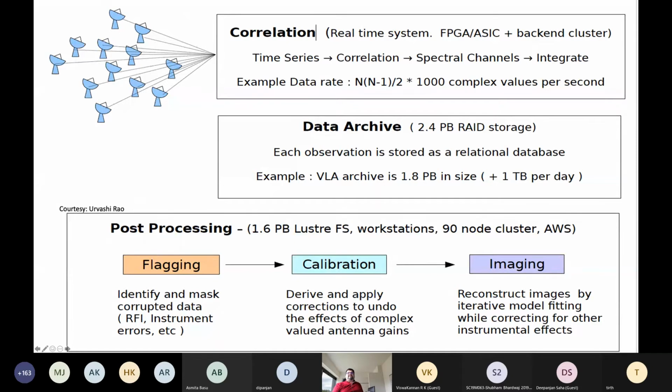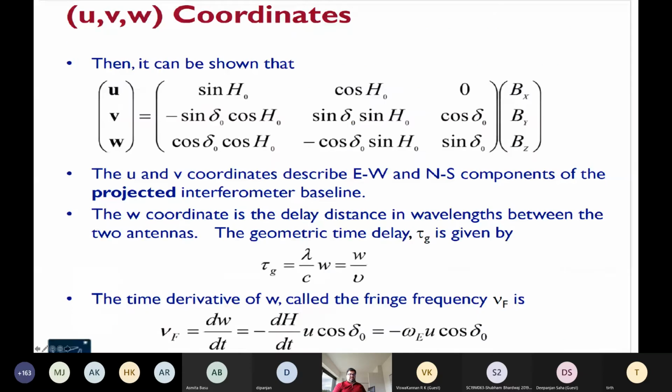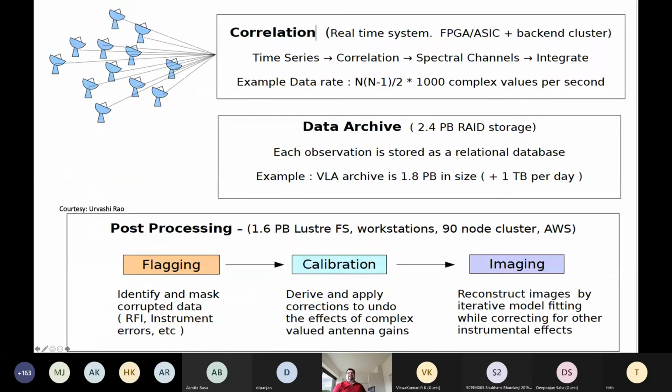Here is some math produced by somebody at NRAO, Urvashi, and I'm just showing the slides. So you have N antennas that produce N(N-1)/2 baselines. This is the total number of combinations.